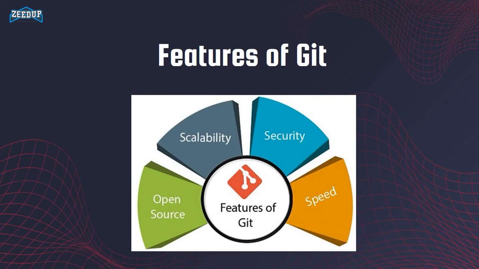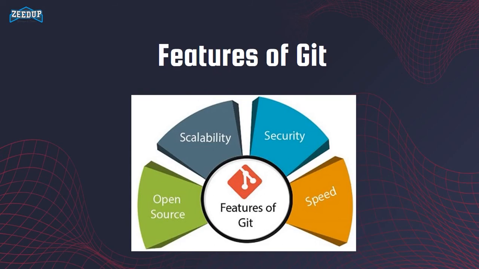Git is scalable. That means that if there is an innumerable number of users, each and every one of them would be able to use Git to their advantage, and it would not show any kind of error or congestion.